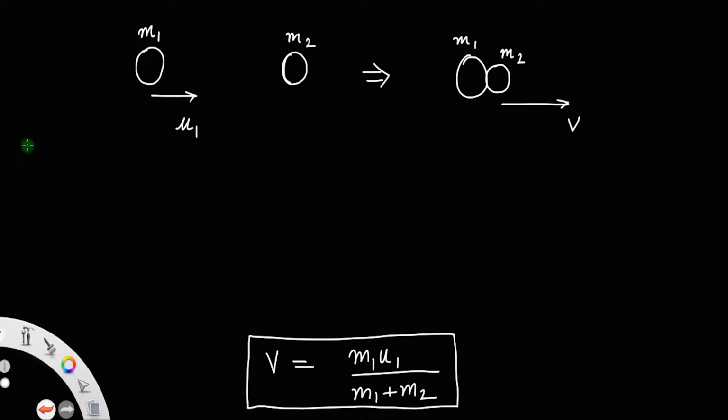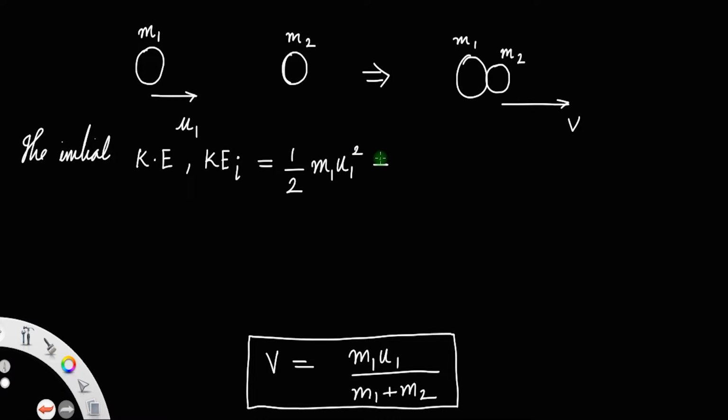The initial kinetic energy is equal to half m1 u1 square, that is the kinetic energy of the first body, plus half m2 times 0 square, since the second body has no velocity. So the initial kinetic energy will be half m1 u1 square only.